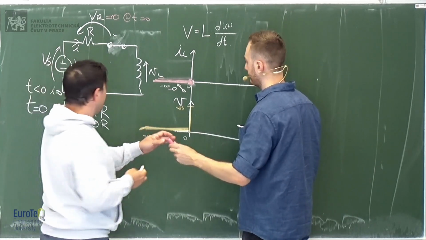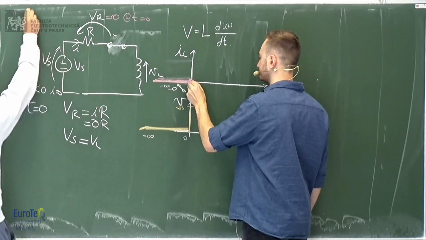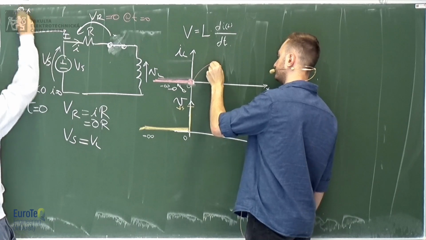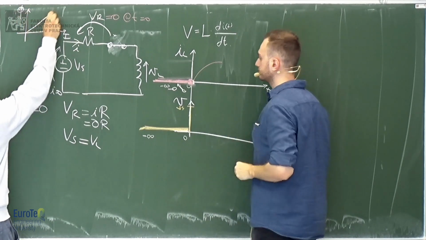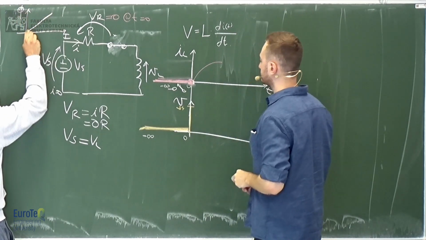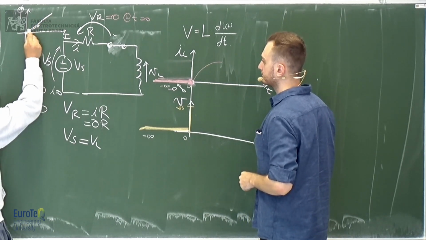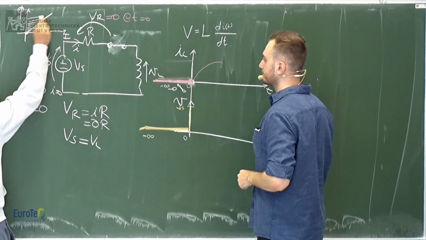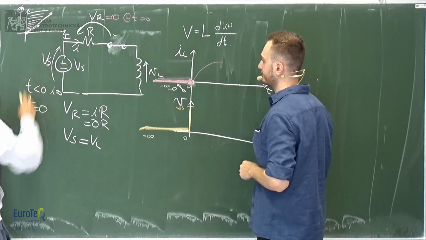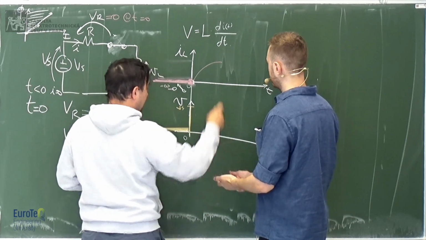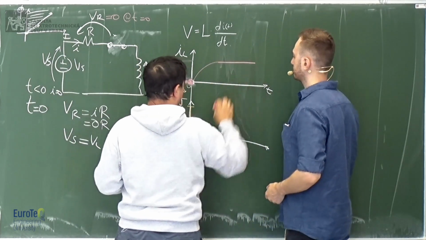You remember that in the graph of flux and current, you climb up this ladder and you add energy, and so the current increases until it arrives at the maximum.